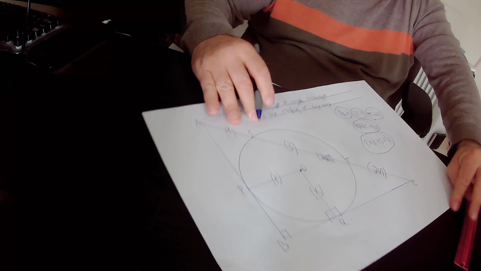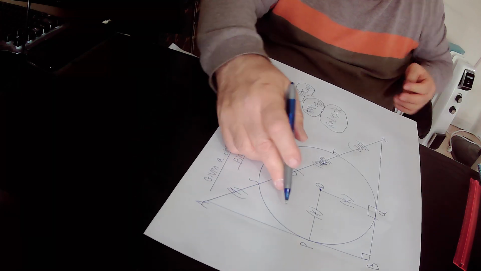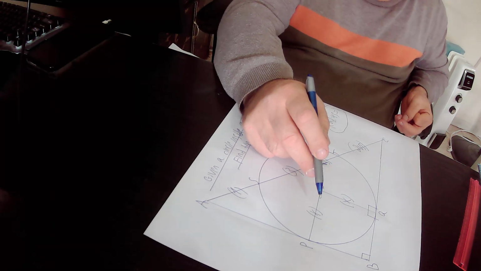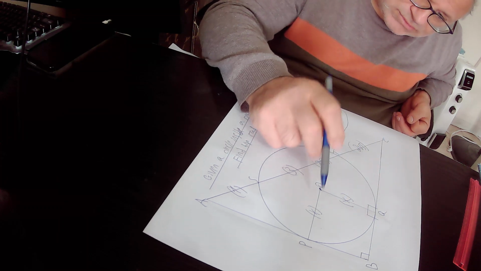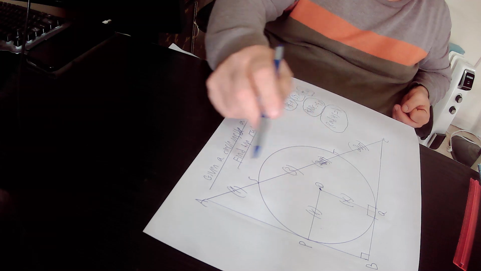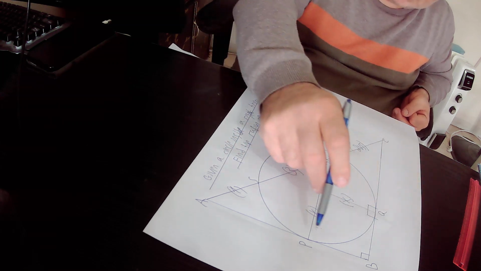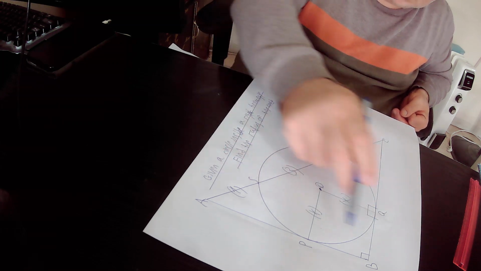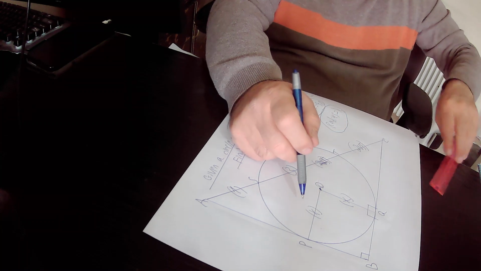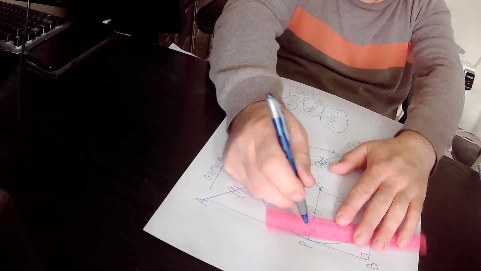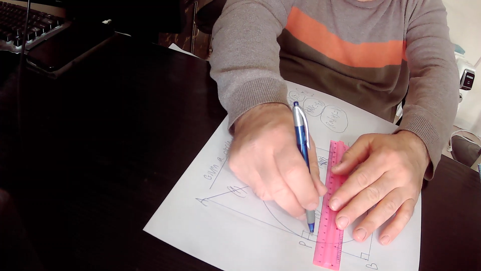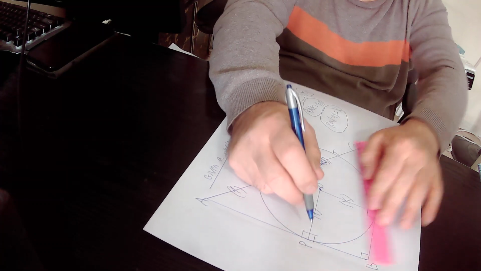We have the radius OP that is drawn to point P, that is the point of tangency of tangent AB with this circle. And whenever you have a radius that is drawn to the point of tangency, then tangent AB will be perpendicular to the radius PO. If AB is perpendicular to PO, it means that this angle equals 90 degrees. And this angle also equals 90 degrees according to rule 1.